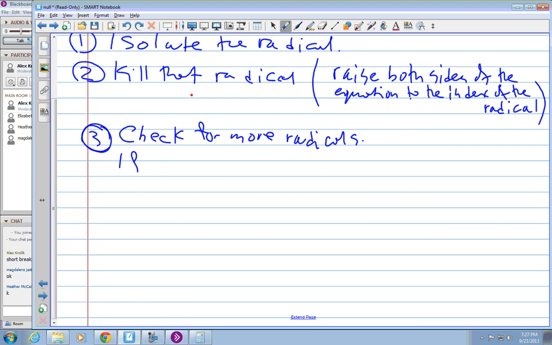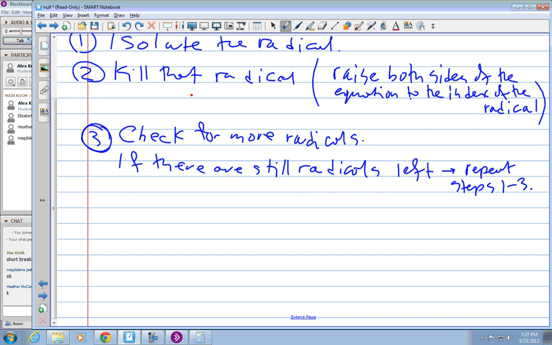If there are still radicals left, then repeat steps 1 through 3. Go back, isolate and kill. So whatever you see as a radical, isolate it again and kill it till all the radicals go away. If there are no radicals left, move on to step 4.